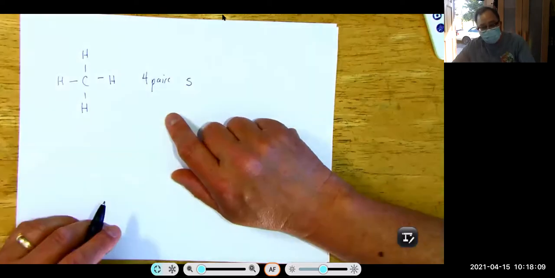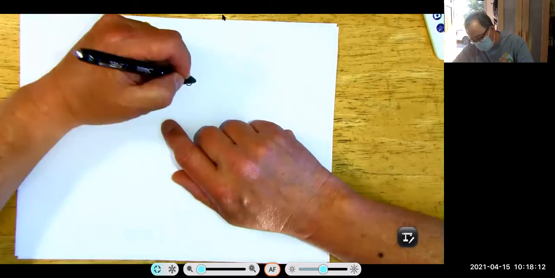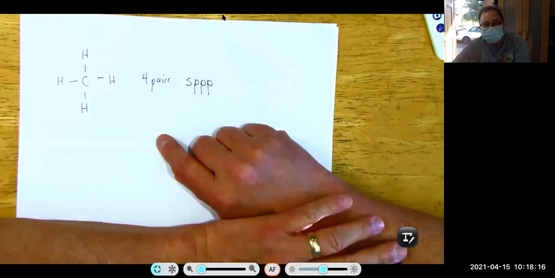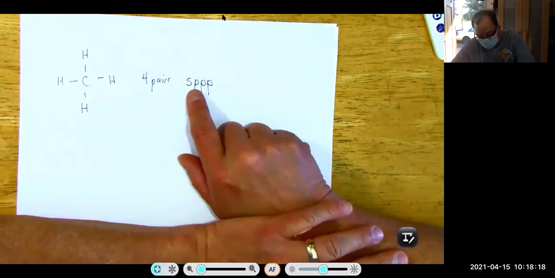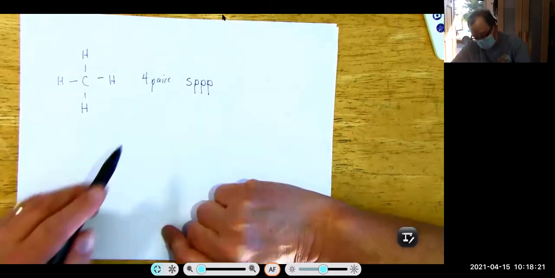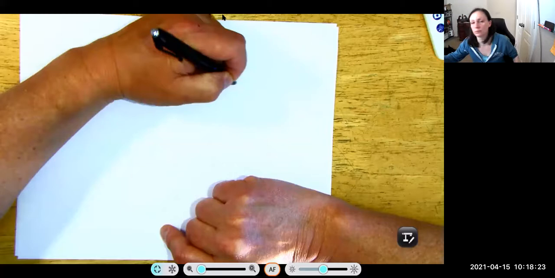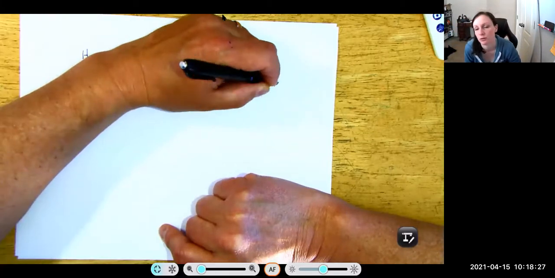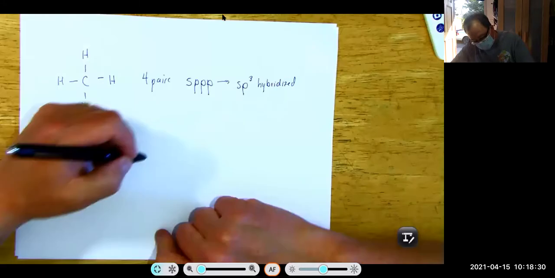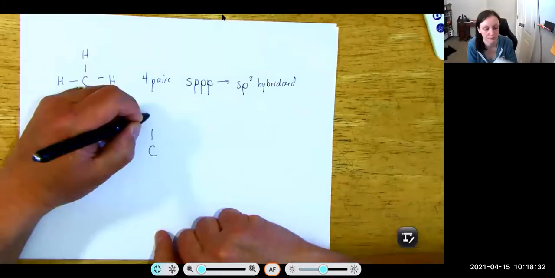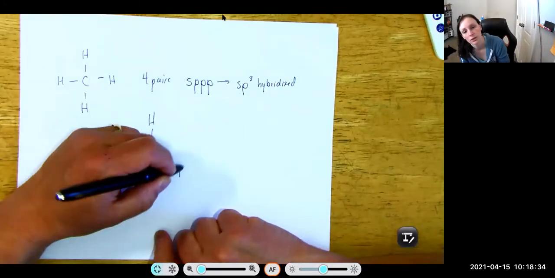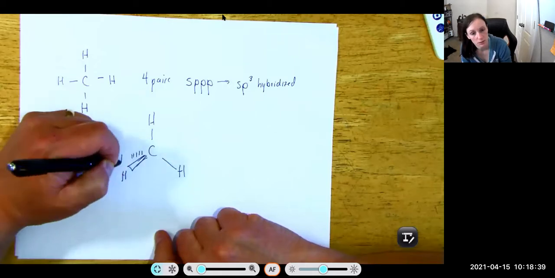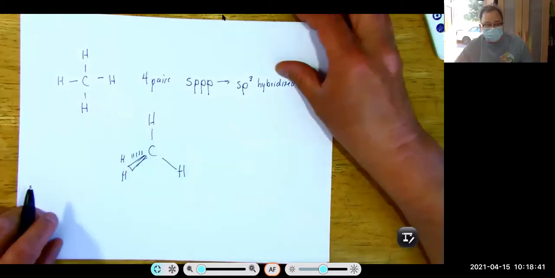And then the P's, but how many P's do we have? 3. So here I have my 4 pairs, so sp3 hybrid. And sp3 hybridized is going to look like this. Tetrahedral. See how easy that is?